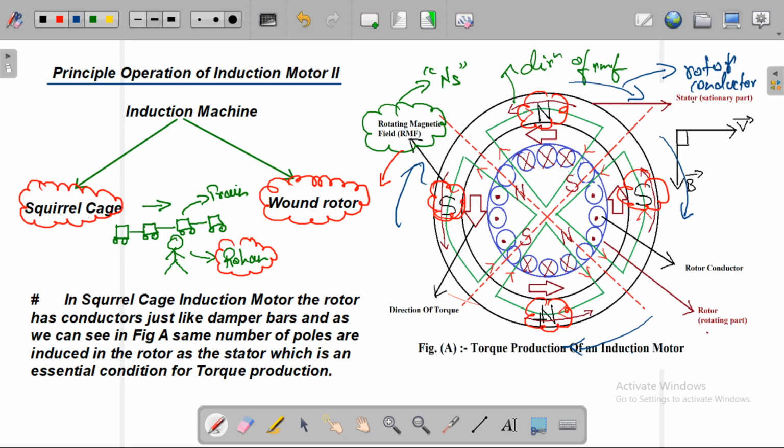Now, when we talk about the conductor under the North Pole, as we know, in the North Pole the magnetic field goes out of the pole, and in the South Pole the magnetic lines of force come into the pole.